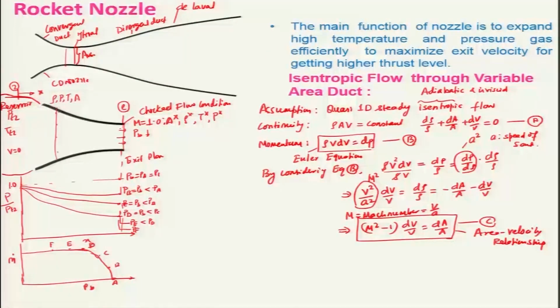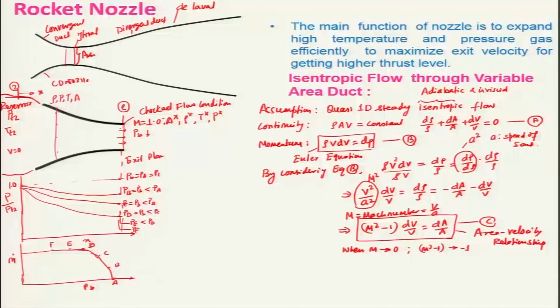For example, if I consider the flow to be very small, let us say when M is tending towards 0, then M squared minus 1 is basically tending towards minus 1, because M squared is almost 0.